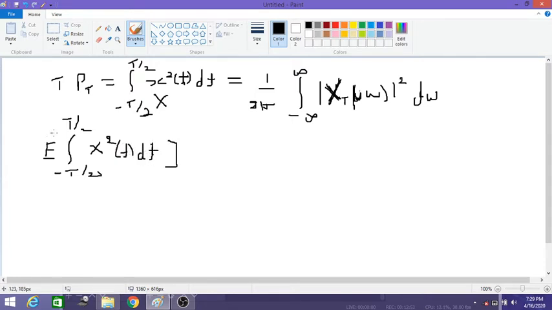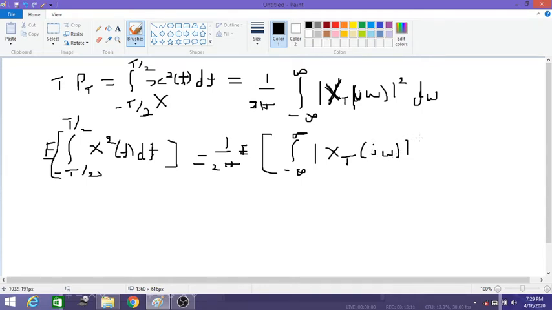If I apply an expectation term here, this is equal to 1 by 2 pi, I'll take it common outside, so an expectation of this entire term, from minus infinity to plus infinity, the magnitude of X_T of j omega, magnitude whole square, into d omega. So we know that from the expectation, this is nothing but I can write this as x of t into x of t.